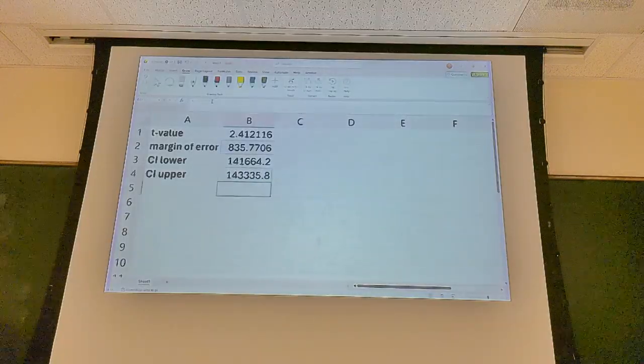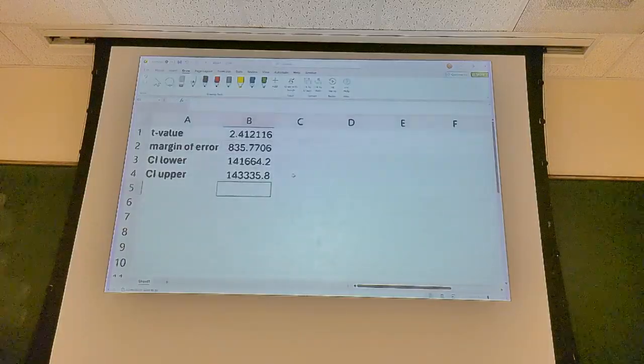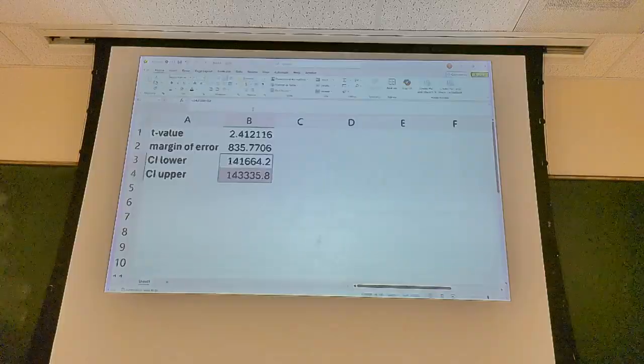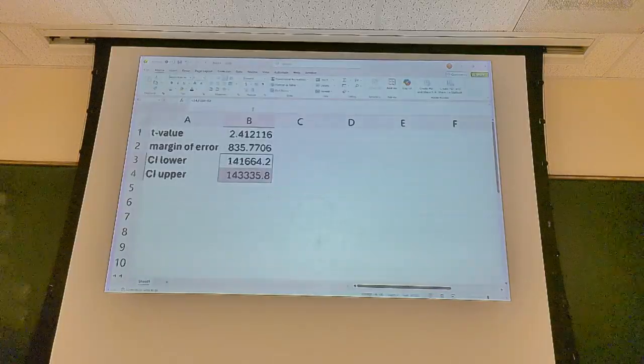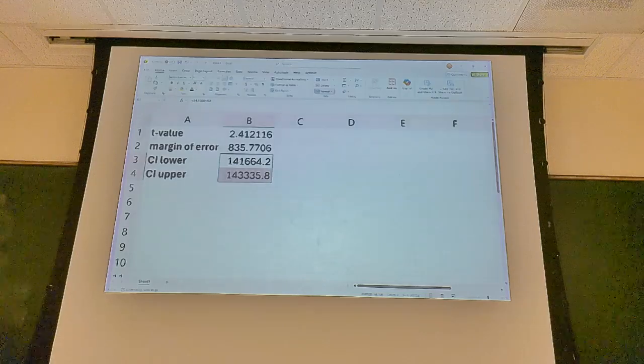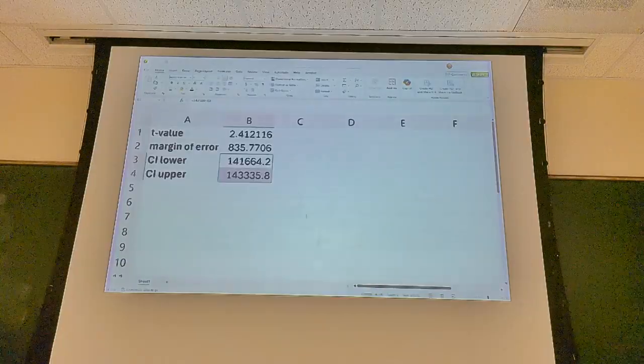Then I'm going to format these: format cells, number, 2 decimal places.